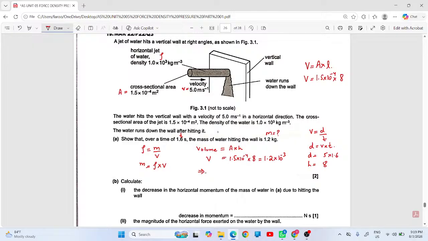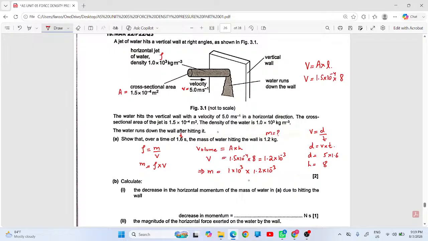अब हम mass find करते हैं. Mass equals density. Density is 1 × 10 raised to power 3. And the volume is 1.2 × 10 raised to power minus 3. So the answer is just 1.2. No, why?